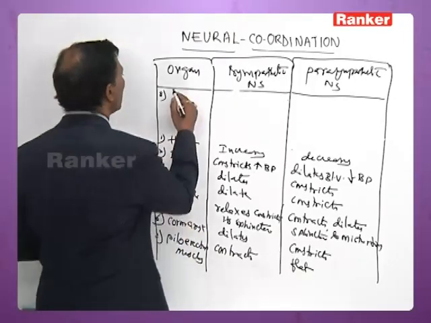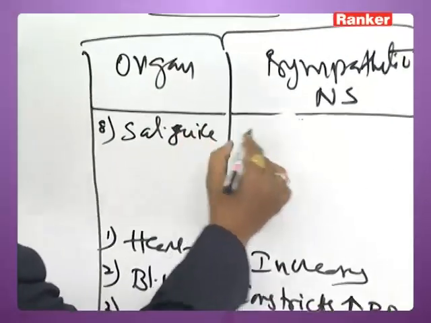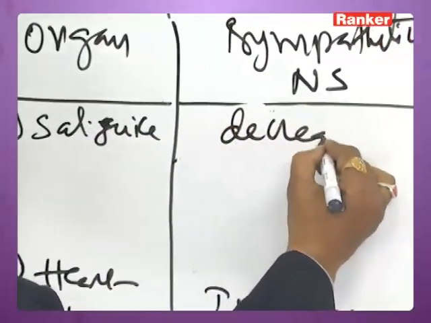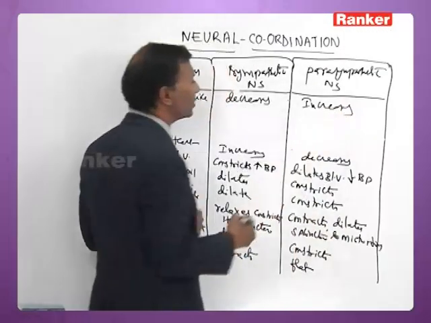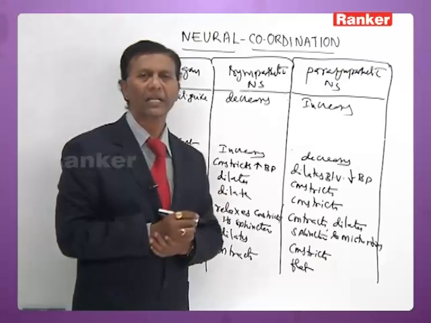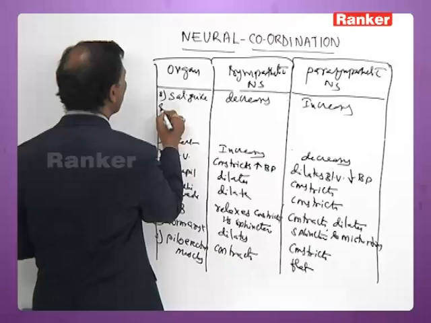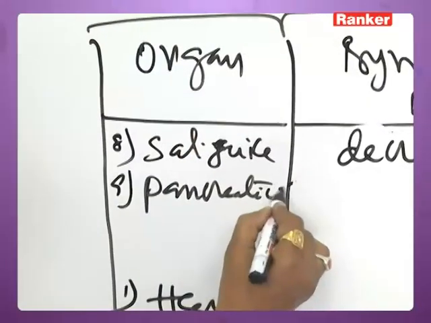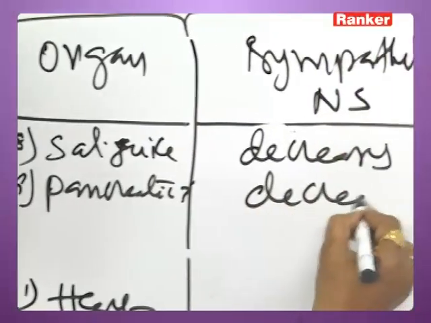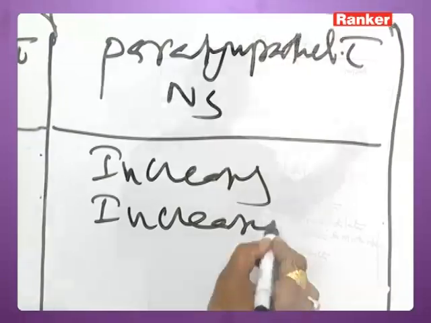Then other organs, salivary juice. The sympathetic system decreases salivary juice and the parasympathetic system increases it. With regard to digestive juices, the sympathetic system has an inhibitory effect. Pancreatic juice, it decreases, and the parasympathetic system increases.